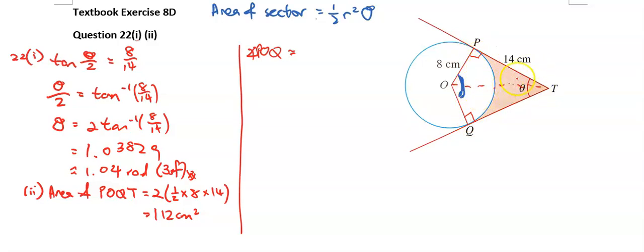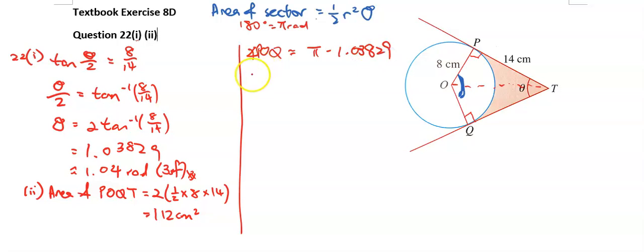So 180 minus theta. And in terms of radians, 180 degrees is pi radians, a bit of a recap. So pi minus theta, 1.04. We should use a more exact value because we are still calculating towards the answer.